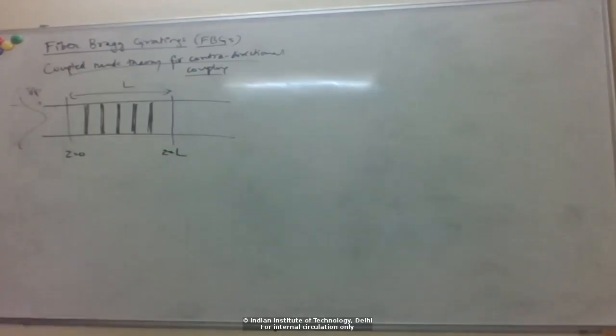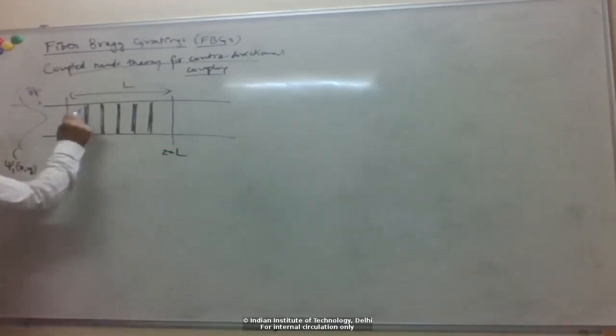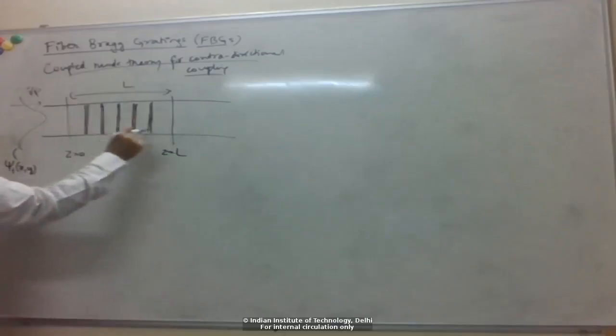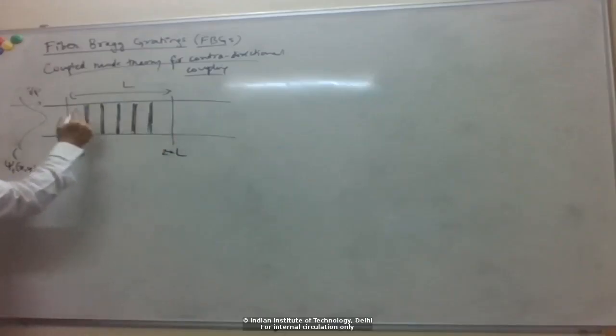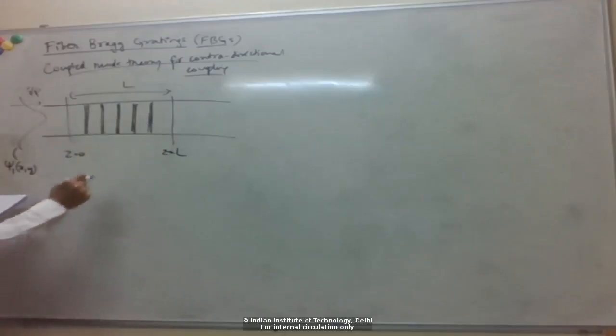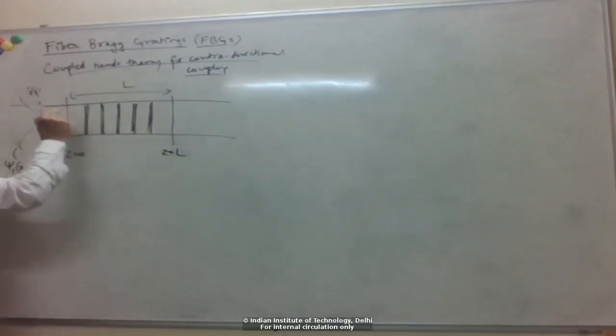Okay. So let's say this has some mode profile psi1 of x comma y, right? And so in this Bragg region here, basically there is some coupling between the forward and backward waves, and basically the reflected wave traveling in the backward direction.